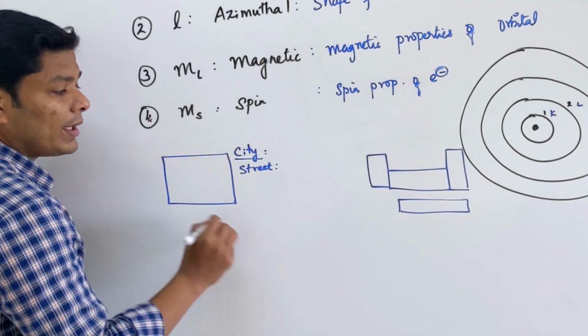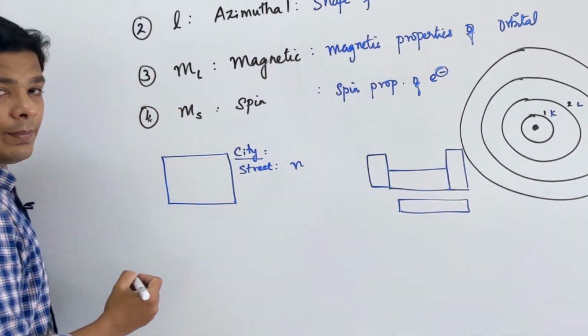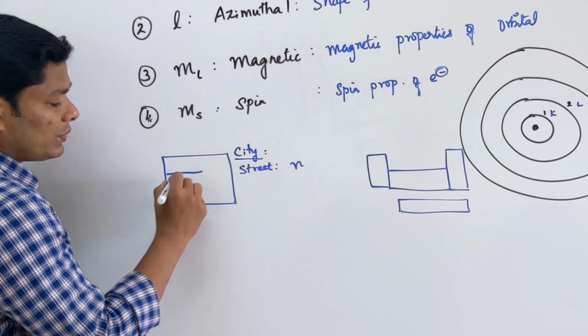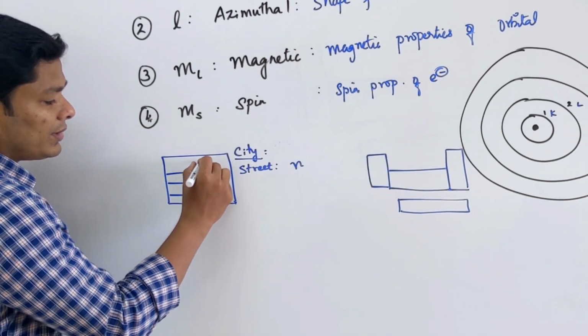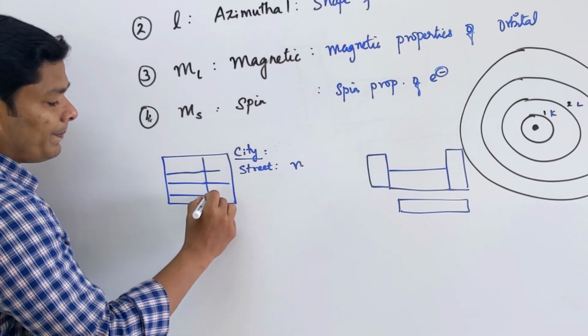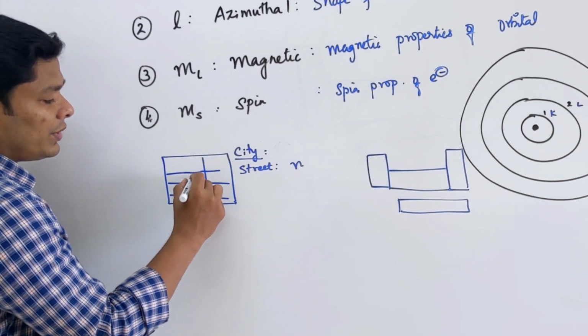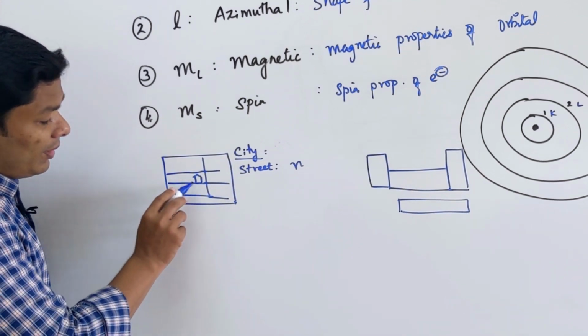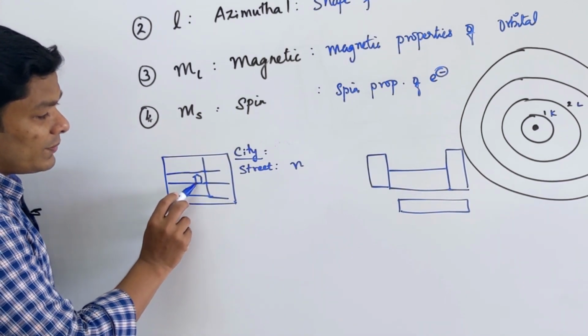The street you are in, that is your n, principal quantum number. I know there are multiple streets, there is a dissecting street, and your house is here. Sorry, I didn't give you a corner plot. Alright, that is where our house is.